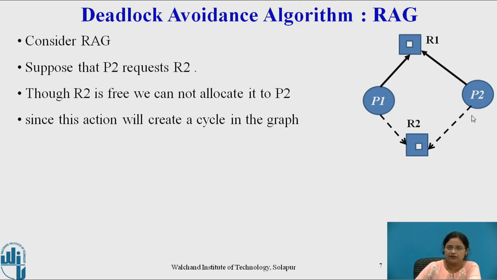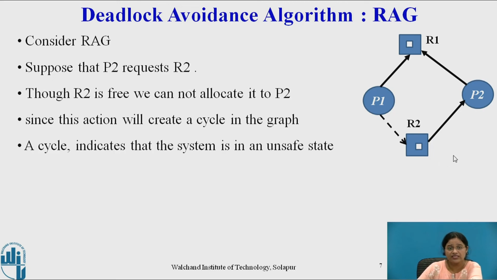Whenever P2 requests R2, the claim edge will be converted and R2 is allocated to P2. Though R2 is free, if we allocate it to P2, then it will form a cycle in this resource allocation graph. So, this cycle indicates that the system is in an unsafe state.